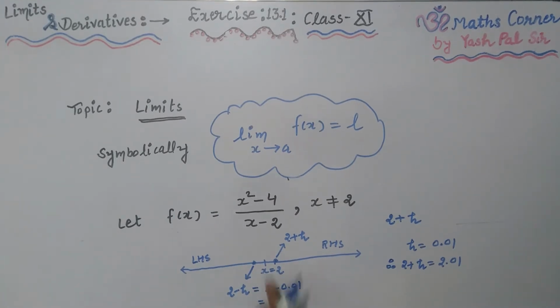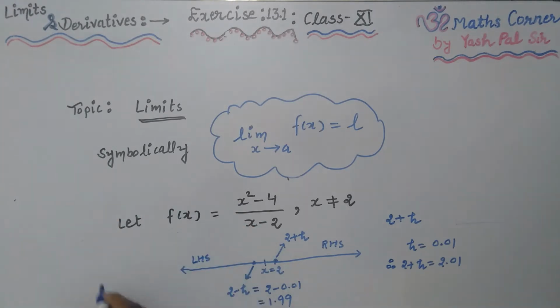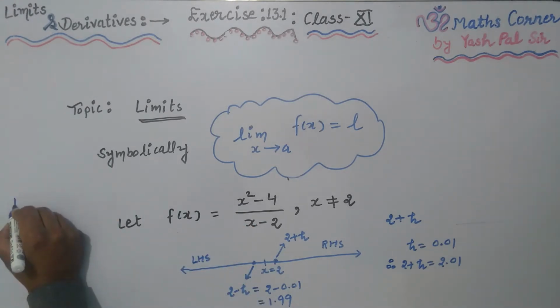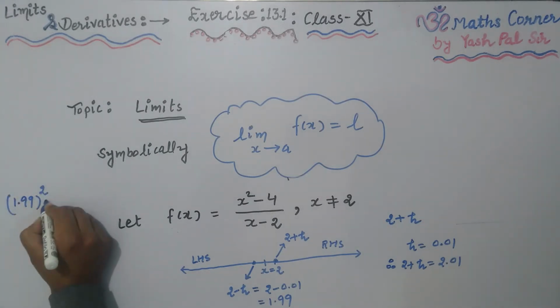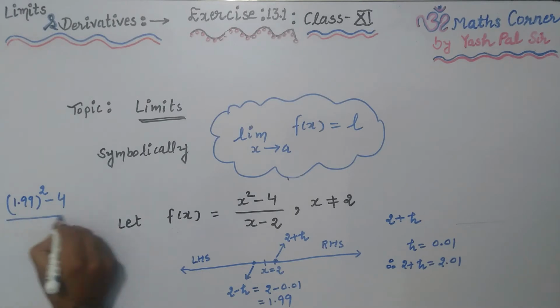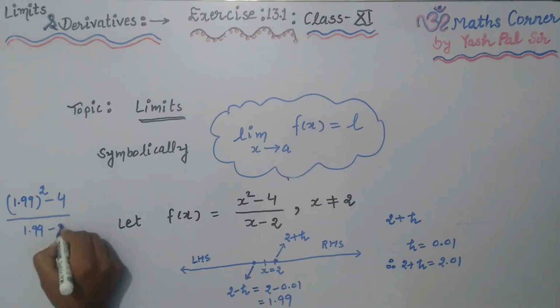Now we proceed. We put this value in f of x. On the left side we substitute, so this becomes (1.99 whole square minus 4) divided by (1.99 minus 2).